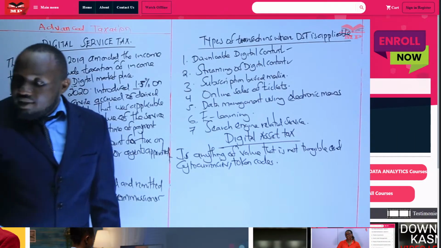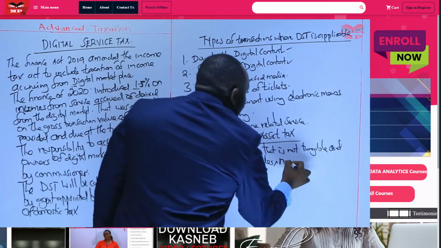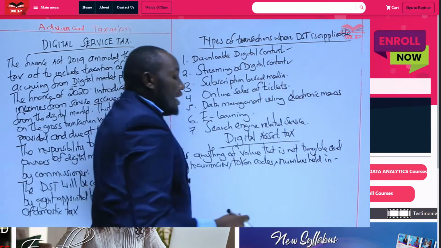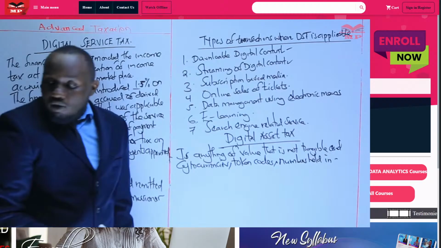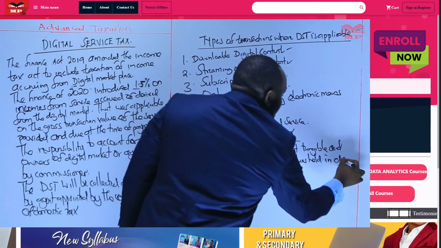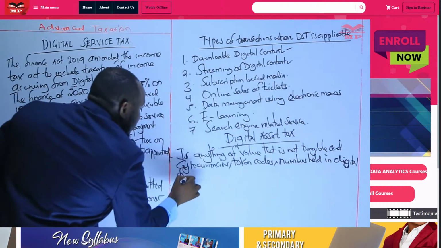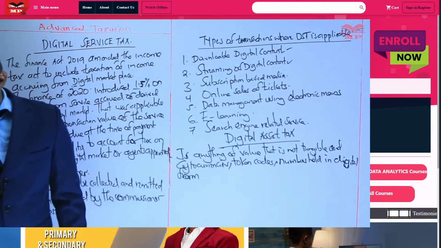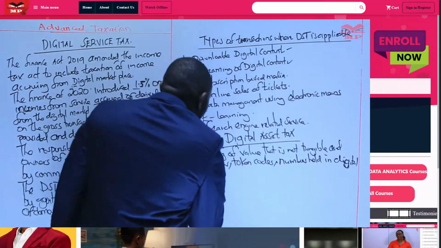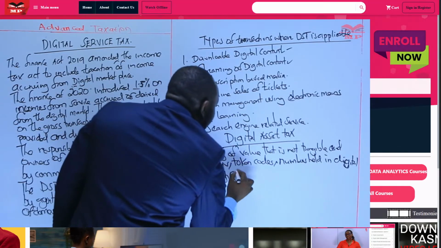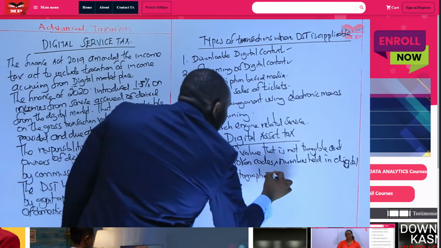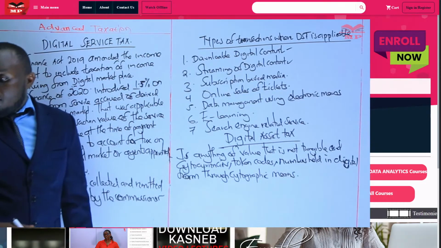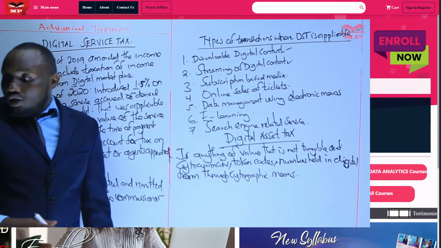Token codes are numbers held in digital form through cryptographic means, or otherwise, provided altogether.